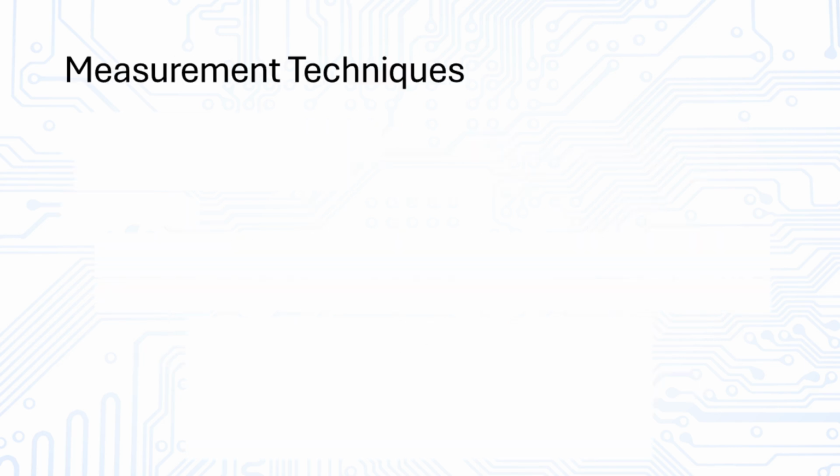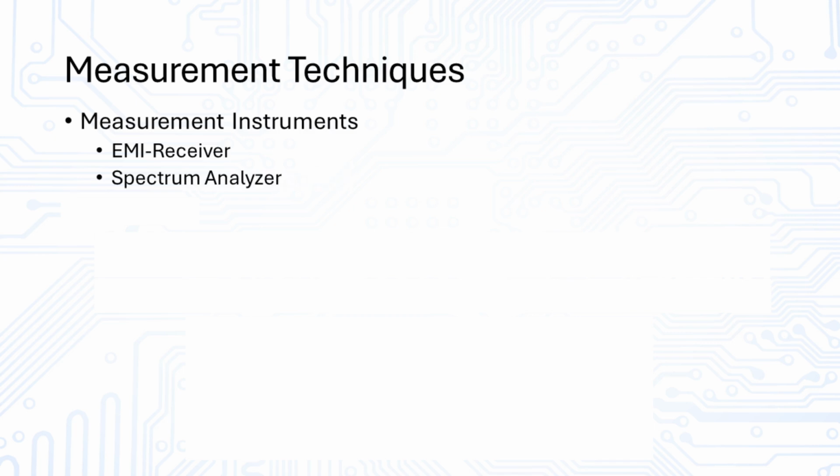Now that we have established the functionality of a LISN, we want to shift our focus to the measurement equipment. The obvious choice when measuring emissions would be an EMI receiver. However, as it is quite expensive, many standards also provide a guideline on how measurements can also be carried out with a spectrum analyzer under certain conditions.